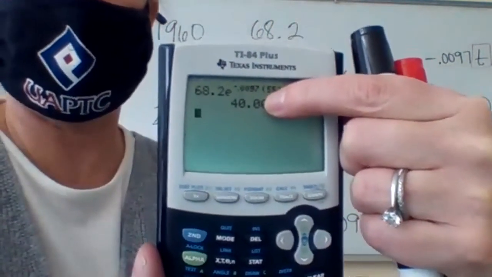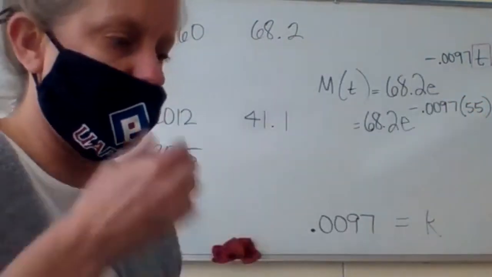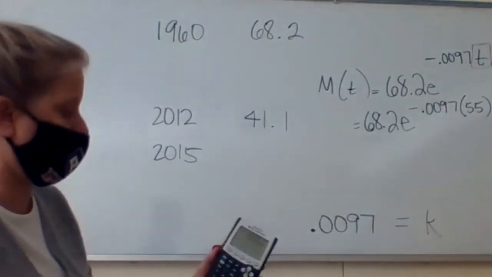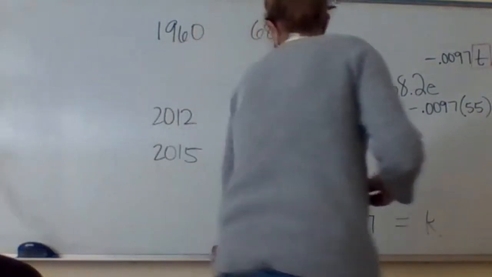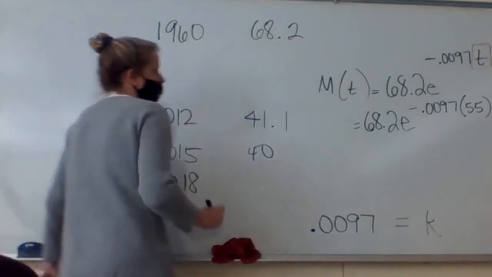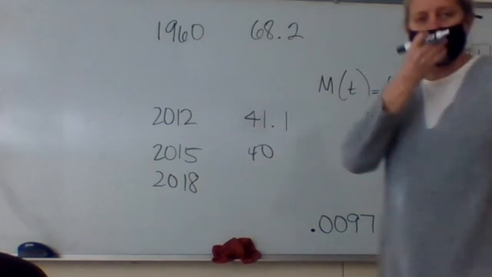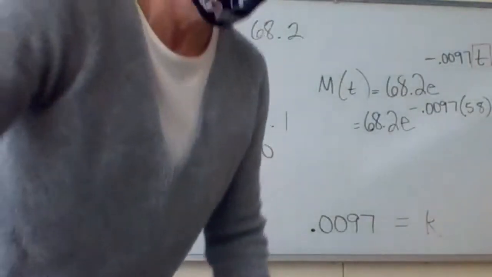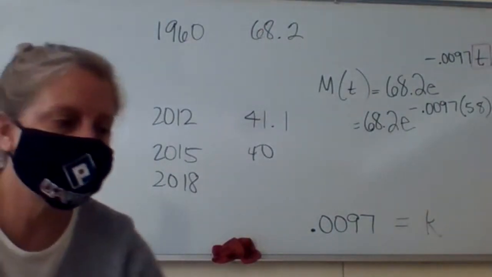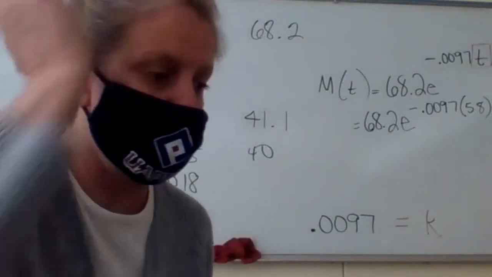So it looks like 40.0, or just 40. Now, the second part of that is going to say in 2018, which just means you're just going to change this 55 to a 58 and do the same thing you just did for the 55.